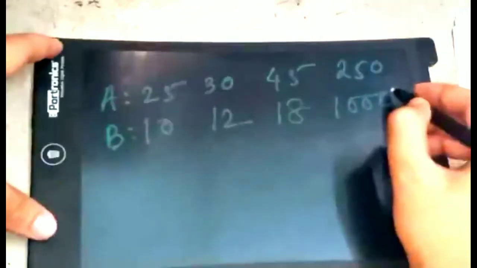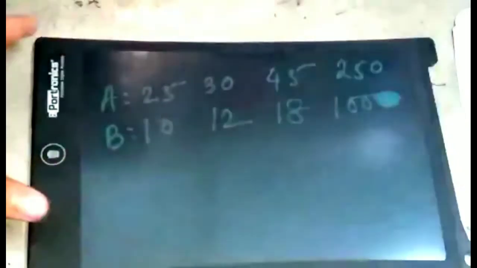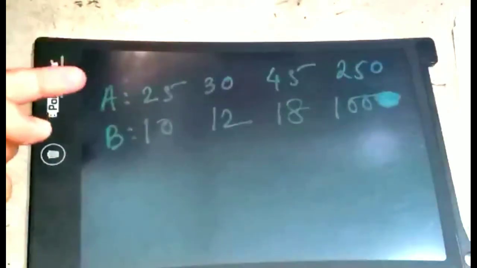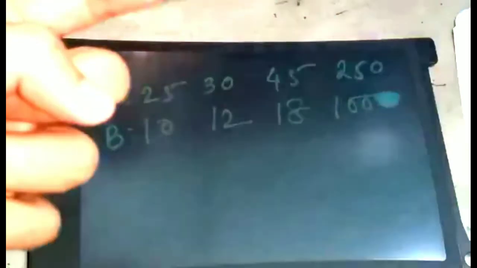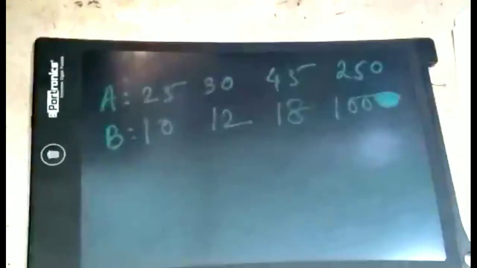I'm sorry, this is not 1000, this is 100. So the value of A is 25 when B is 10, 30 when B is 12, 45 when B is 18, and 250 when B is 100. Now we need to check whether this is in direct variation or inverse variation.